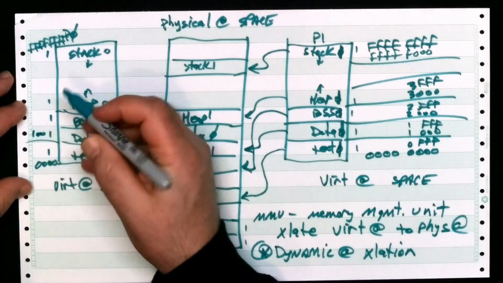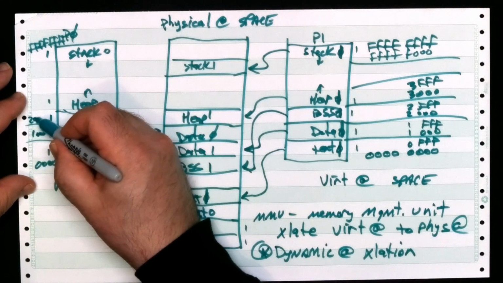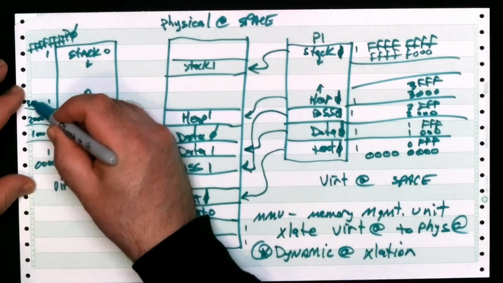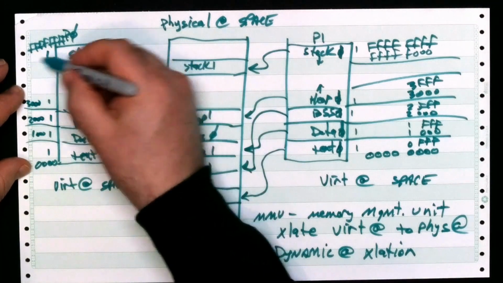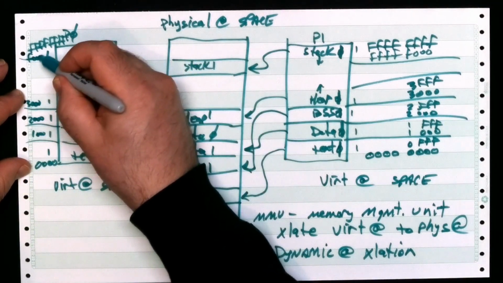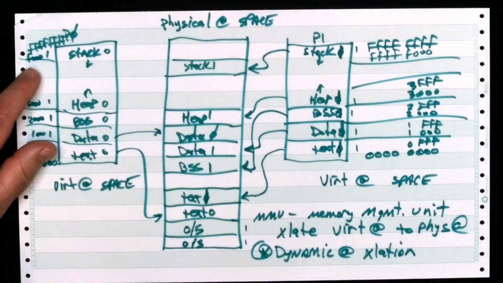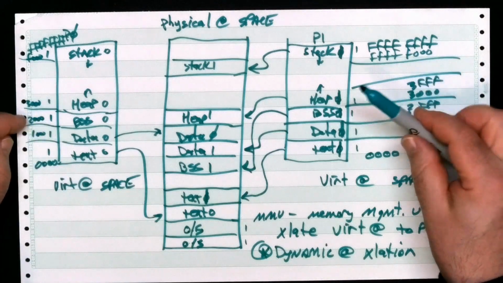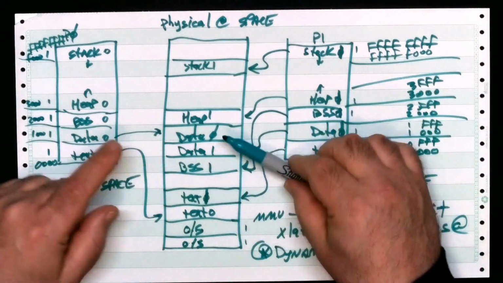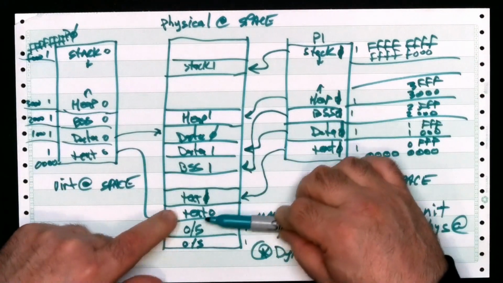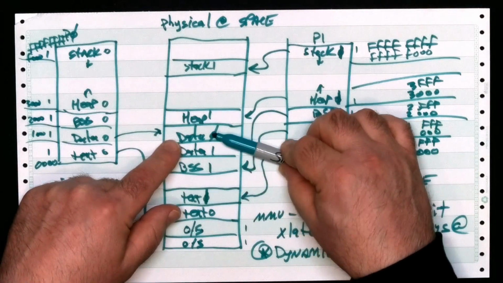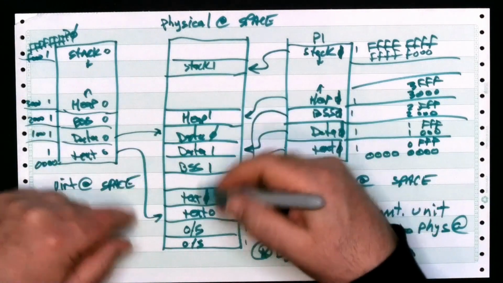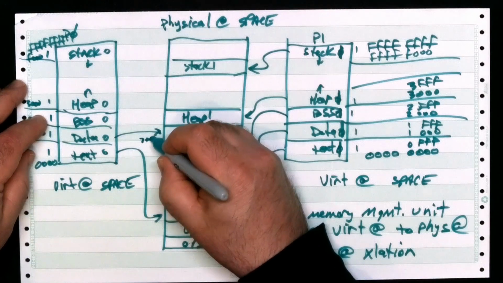This would be at 2000, and this one's at 3000, the beginning address, right? And this one is at F000, the same kind of thing that you see over here. All right. Well, where's this one at? Well, it doesn't really matter. This would be 0, 1, 2, 3, 4, 5, 6, 7 in this example. If each one of these is one page, it would be at 7000 in the physical address space.